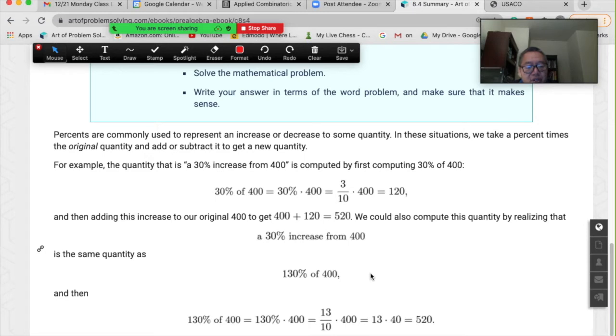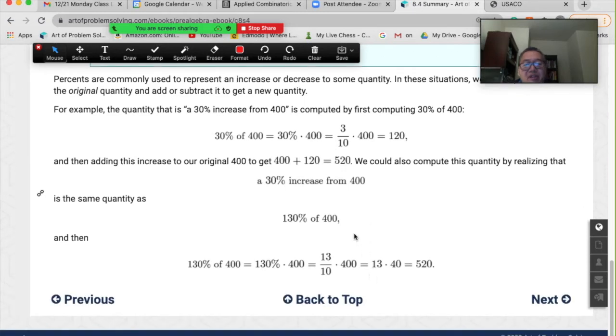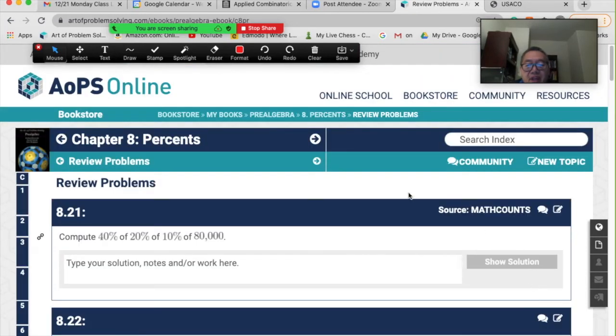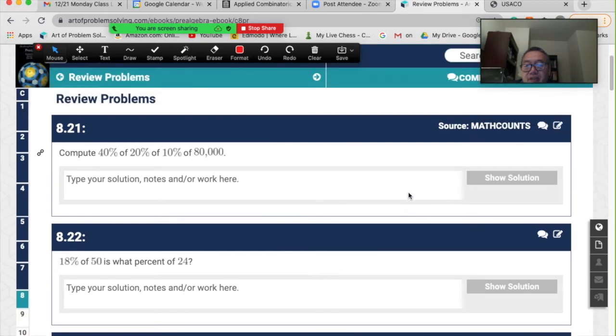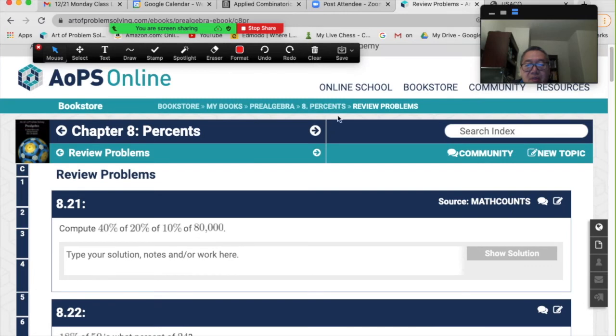Or you can do two steps. You calculate 30% times 400, you get 120, then add to 400, you get 520. That gives you the same answer. So then you need to finish the review problems and challenge problems.